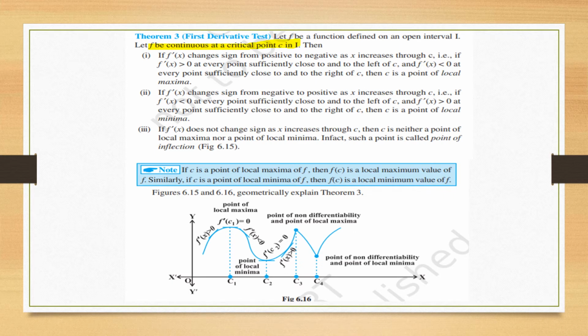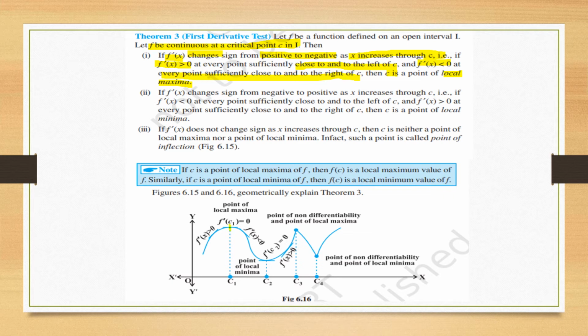The first derivative test says that if f dash x changes from positive to negative as x increases through c, that means f dash x is positive at every point sufficiently close to the left of c, and f dash x is less than 0 at every point sufficiently close to the right of c, then c is called a point of local maxima.